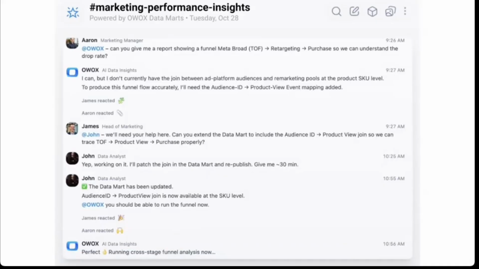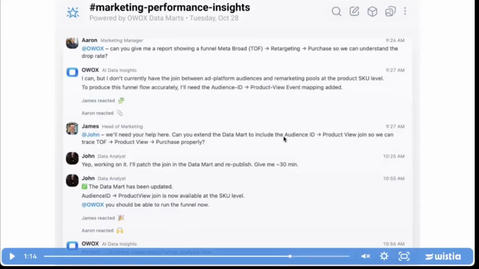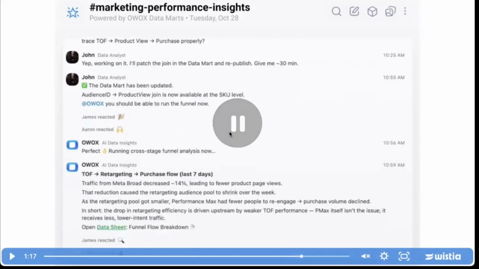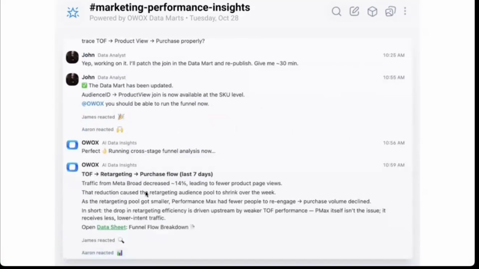And if we're speaking about this particular example, by asking additional questions and digging deeper again and again, the team found that the real problem is with the Meta broad campaign that works at the top of the funnel.